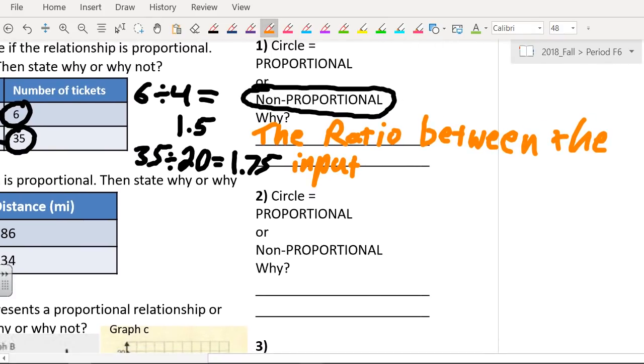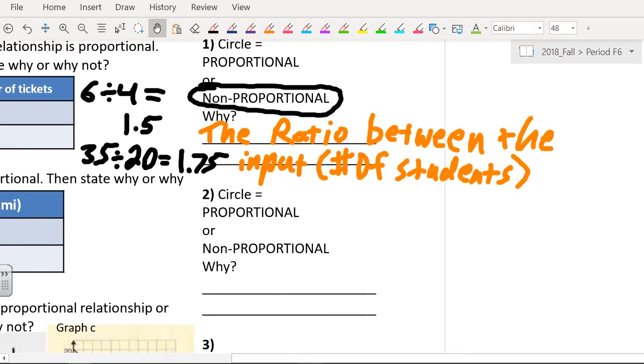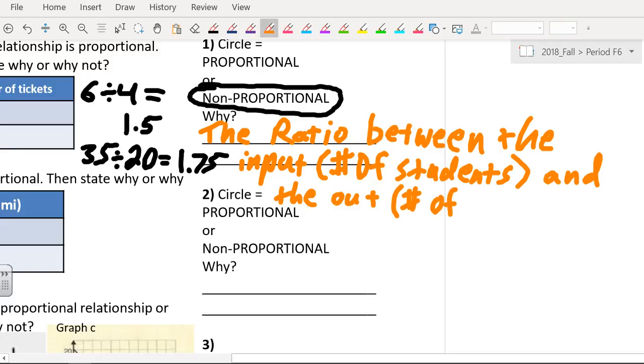So between the input, parentheses, number of students, and the output, which is the number of tickets, is not the same.